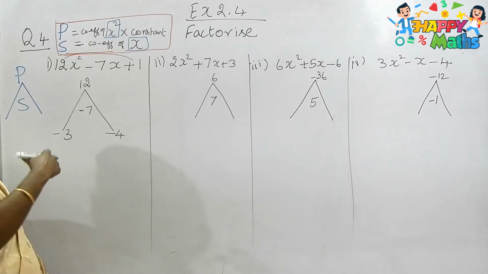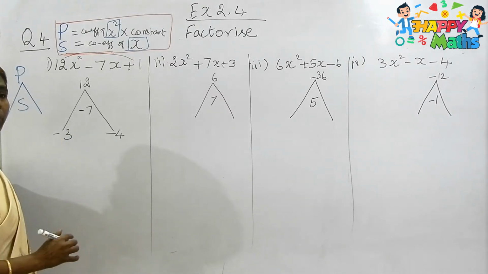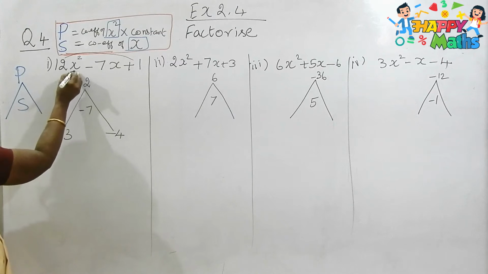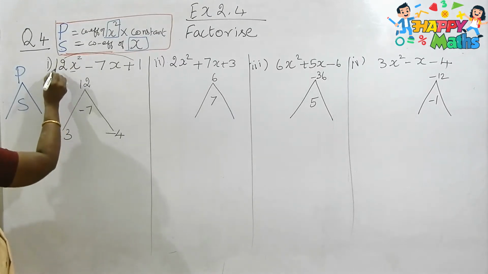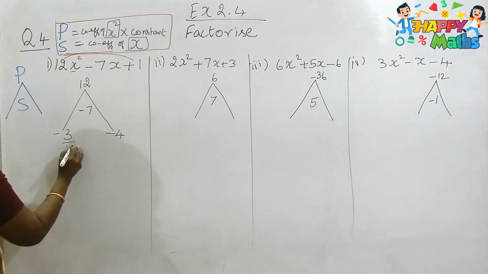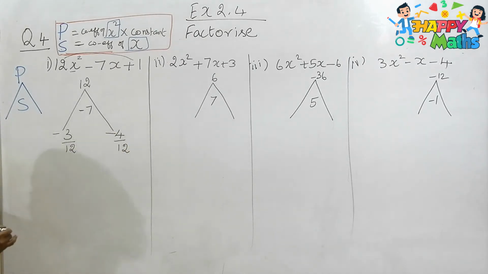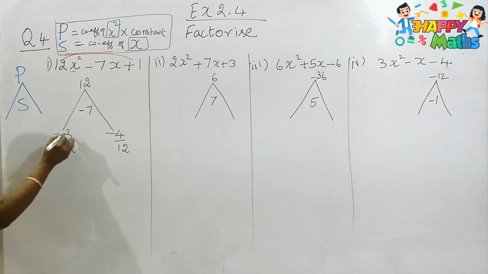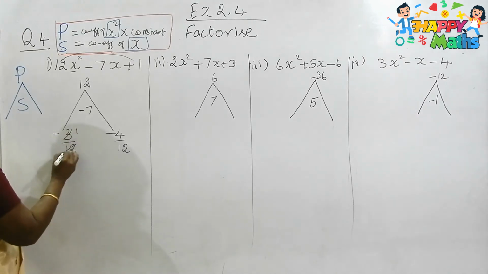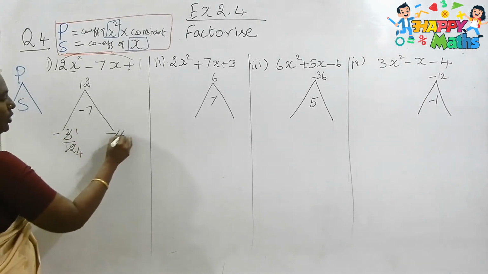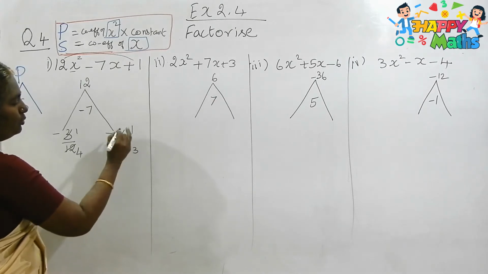See here, we can straight away write the factors. How? If the coefficient of x square is other than 1, you must divide this number by the coefficient of x square. Say I am dividing this by 12. When I divide this by 12, 1 3 is 3, 4 3s are 12, 1 4 is 4, 3 4s are 12.